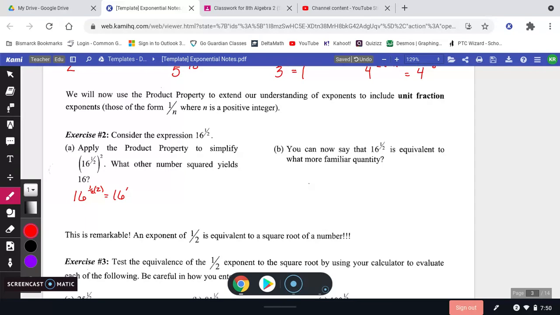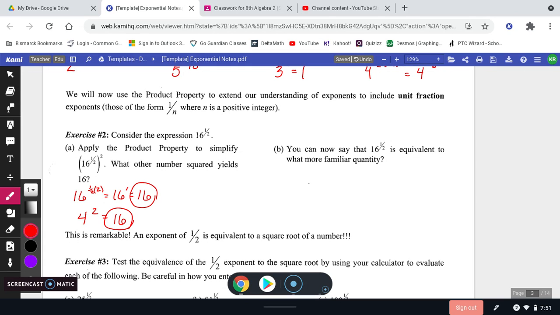So now the question is, what other number squared makes 16? Okay, so I can square a power of 1/2, and that'll give me 16, or 4 squared also gives me 16.